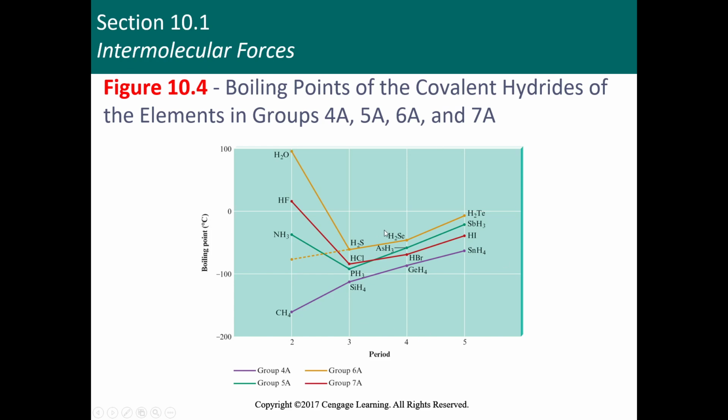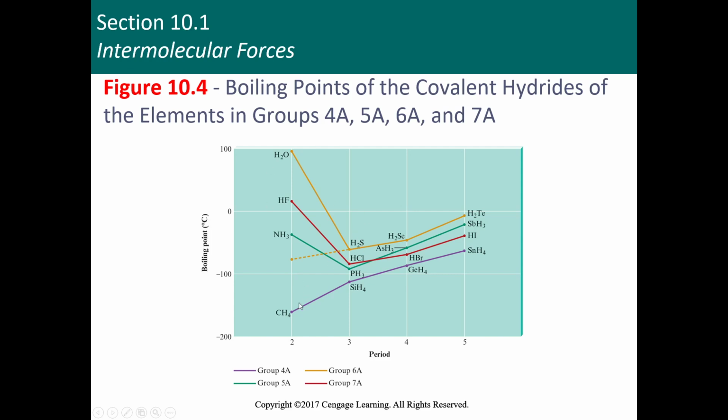And what you will see is that as you go down the group, the electronegativities trail off. And so what you get is, right here we have hydrogen bonding. Those are all hydrogen bonding. They're very strong, so the boiling point is very, very high because you have to break apart very strong intermolecular interactions.